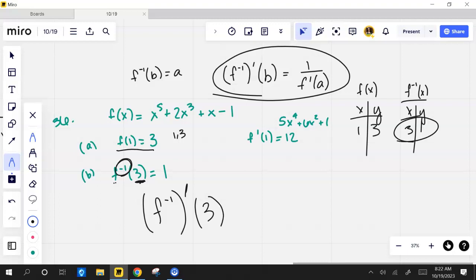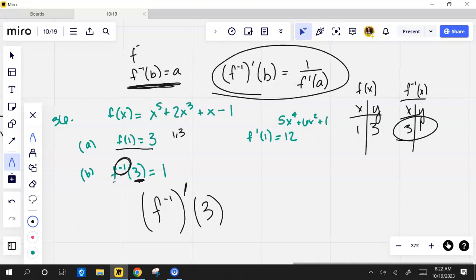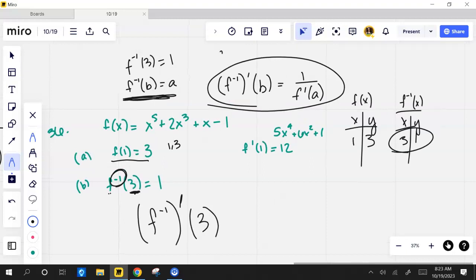We already know that the inverse at 3 is 1. Right? So what is the inverse?